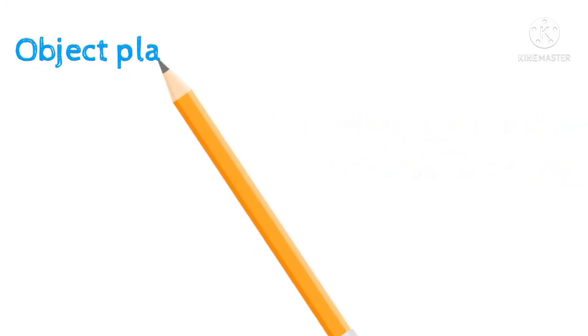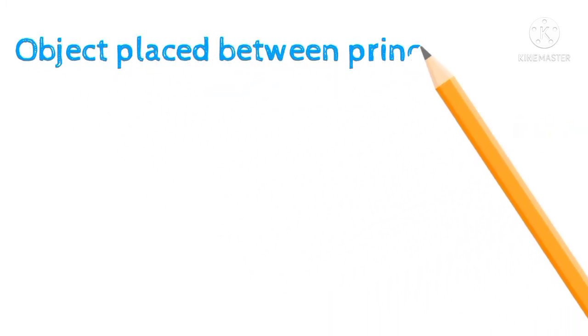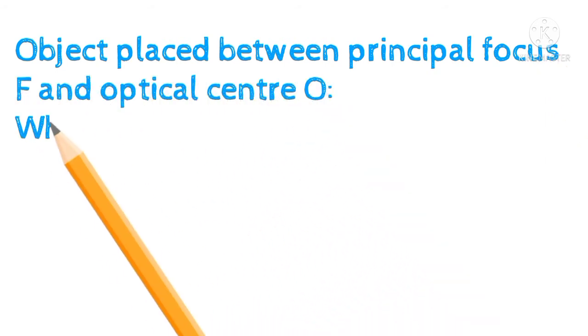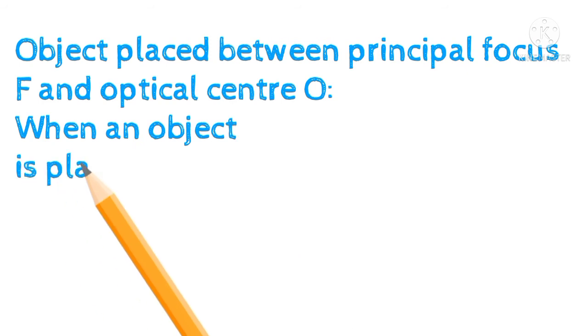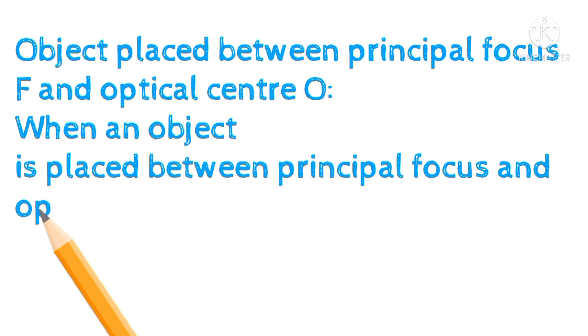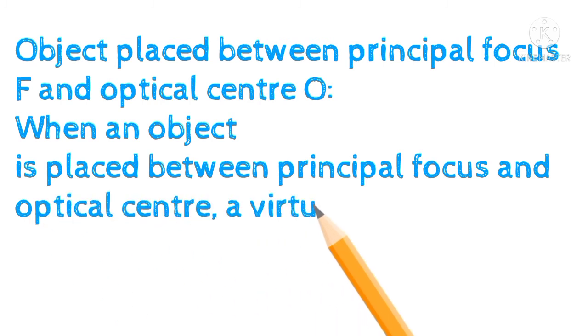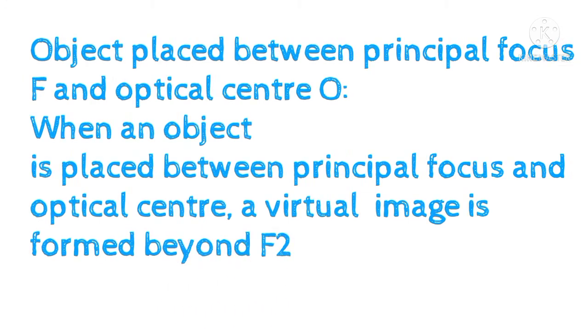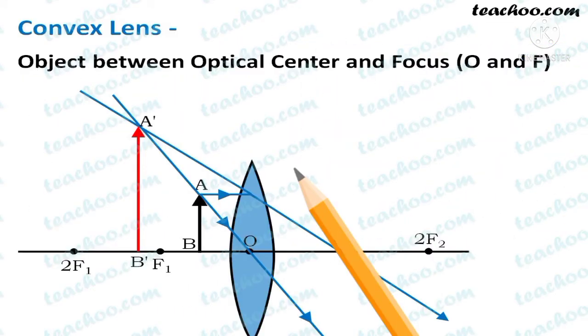The next condition is when an object is placed between the principal focus F and the optical center O. At this condition, a virtual image is formed. A virtual image is an image which is not a real image. In the figure, we can see the virtual image is formed on the same side as the object, when we place the object between focus and optical center.